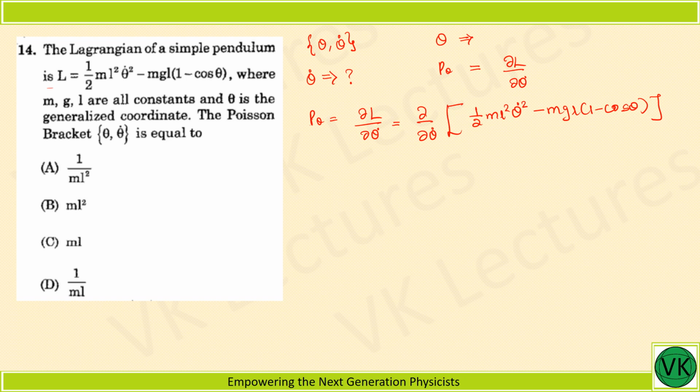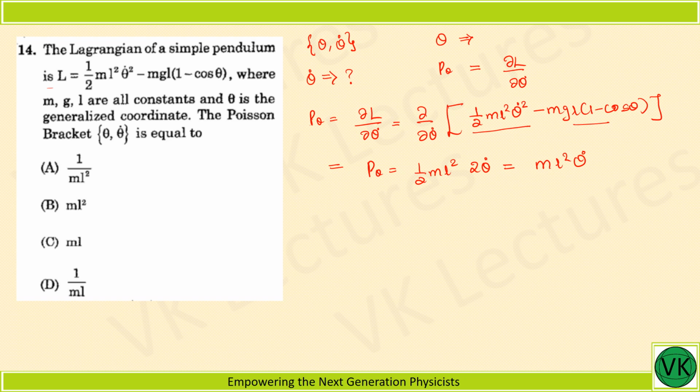Only the first term contains theta dot, the derivative of the second term becomes 0. So p theta is equal to half m l squared, which are all constant, and theta dot squared becomes 2 theta dot, so that's equal to m l squared theta dot.